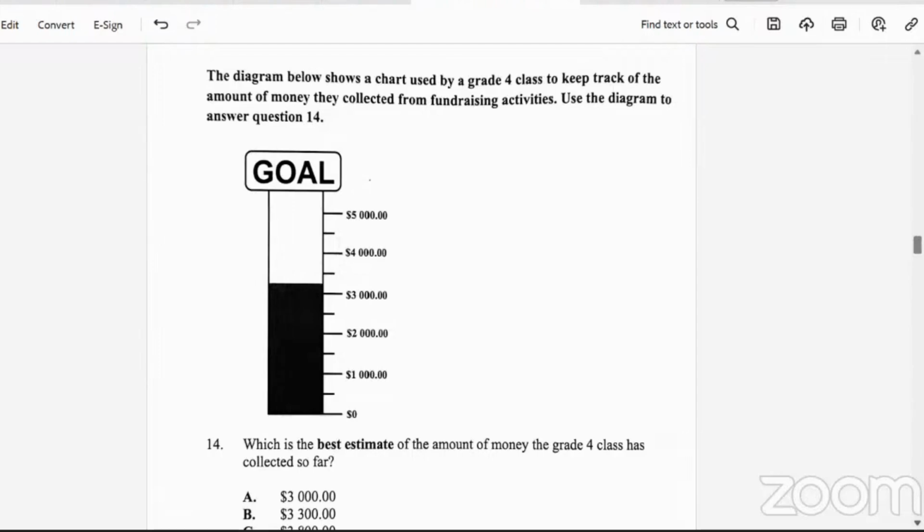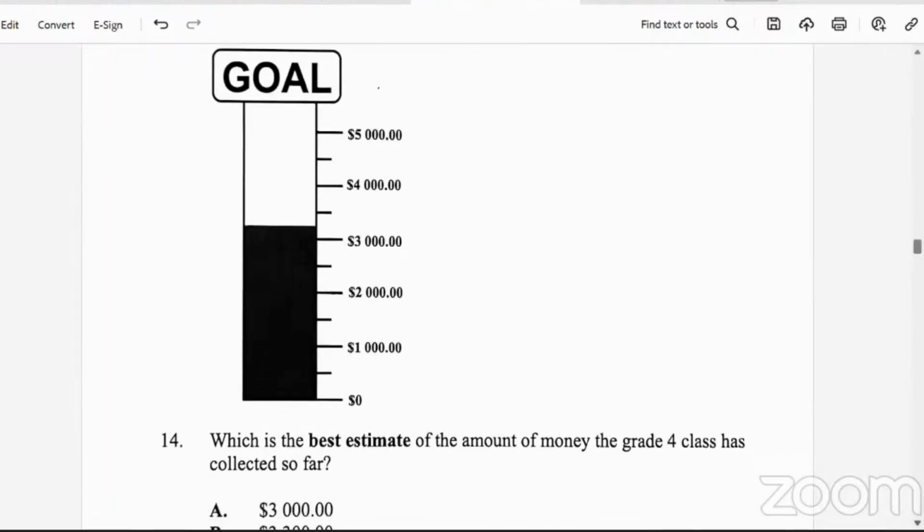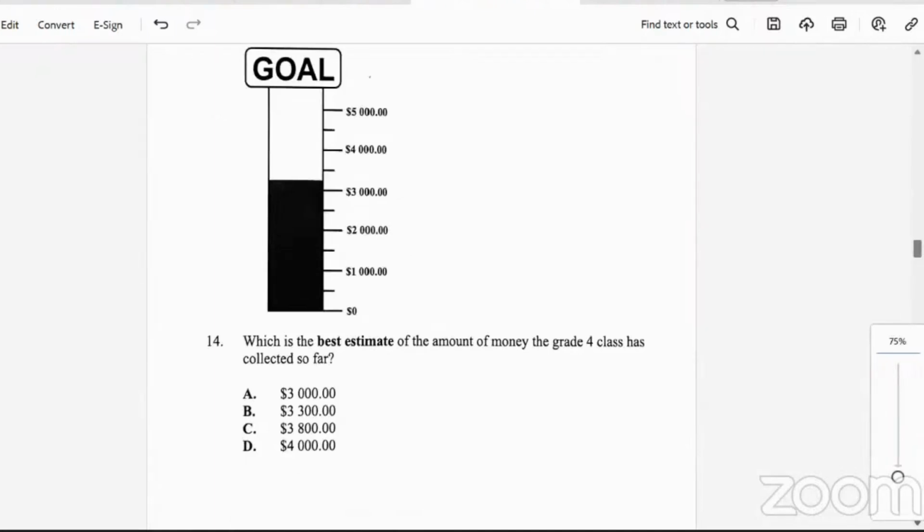What is the best estimate of the money the grade 4 students have collected so far? So we know it's past 3,000, right? They have gone past 3,000, so this would not be correct.